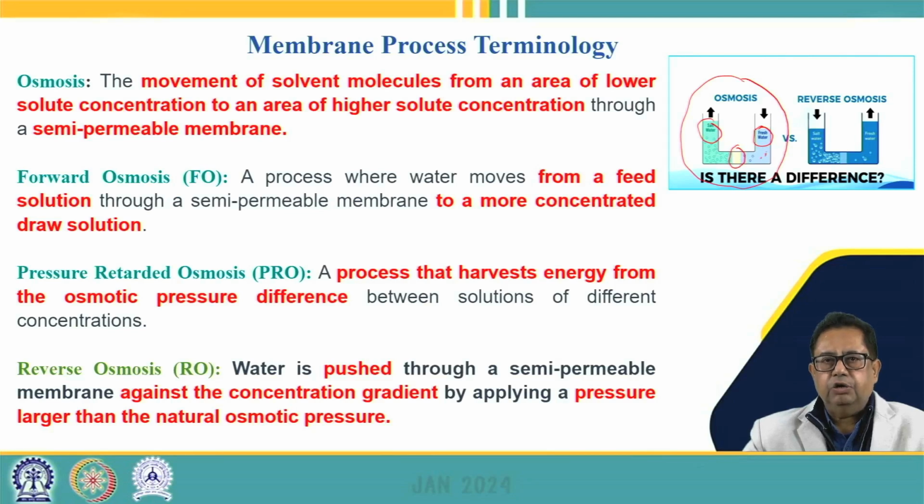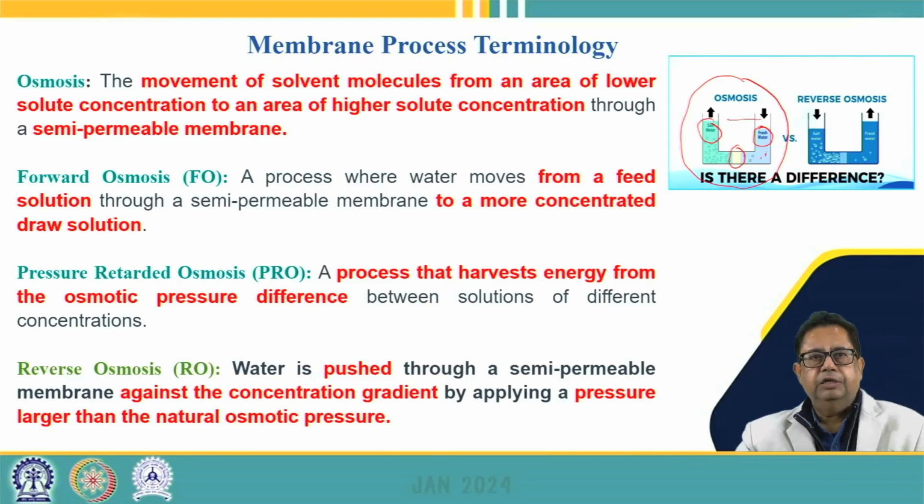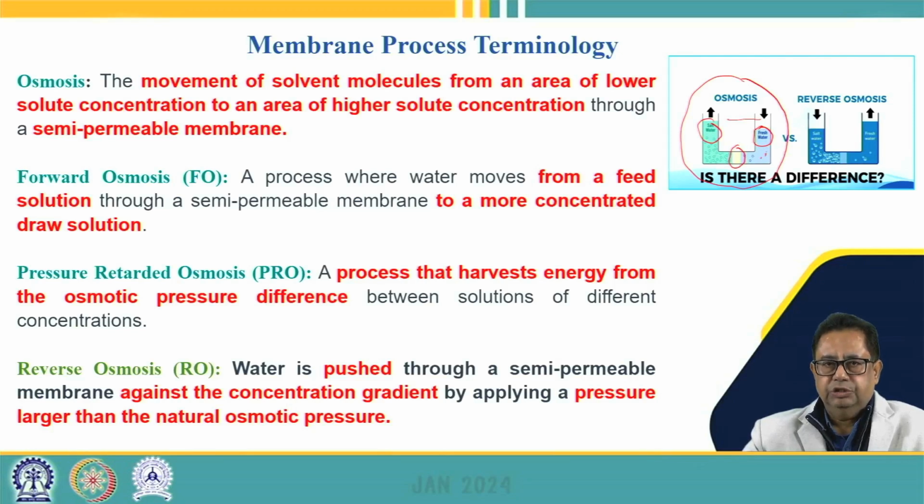Pressure retarded osmosis harvests the energy that is generated from the osmotic pressure difference. For example, when osmosis takes place, there may be a pressure difference generated because of this movement. This is harnessed, and it is called pressure retarded osmosis.